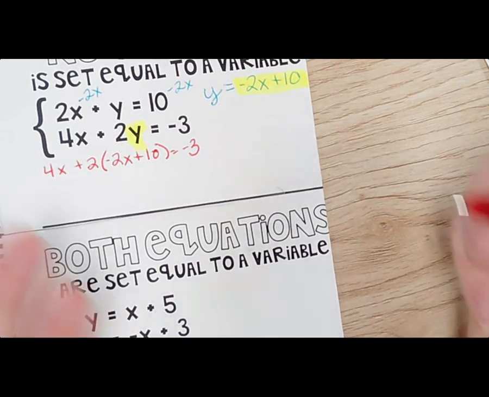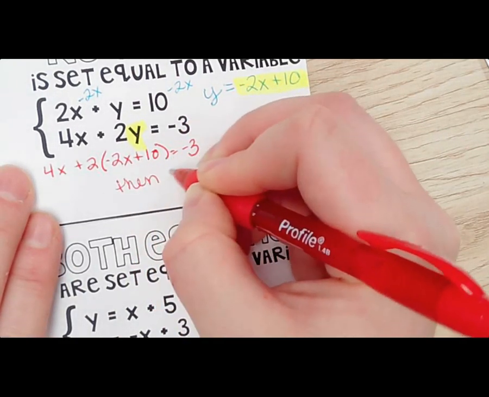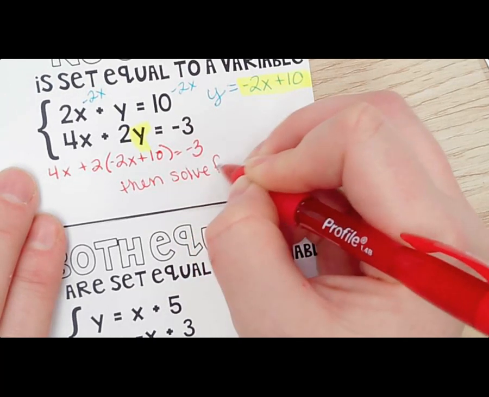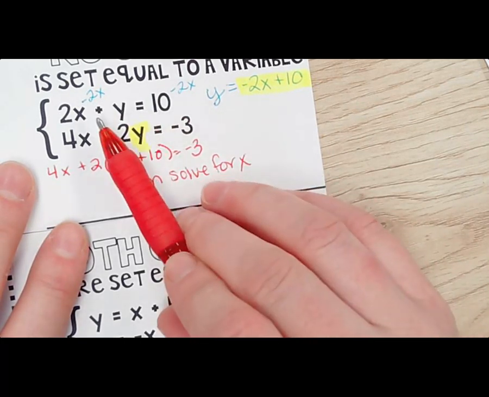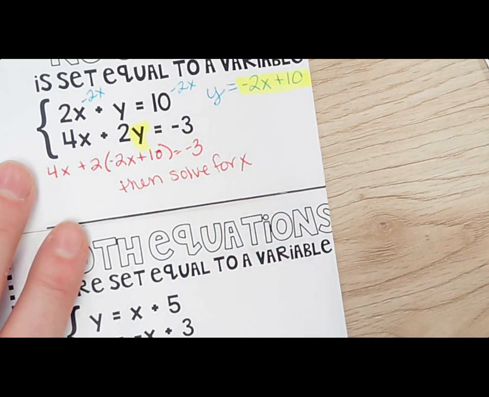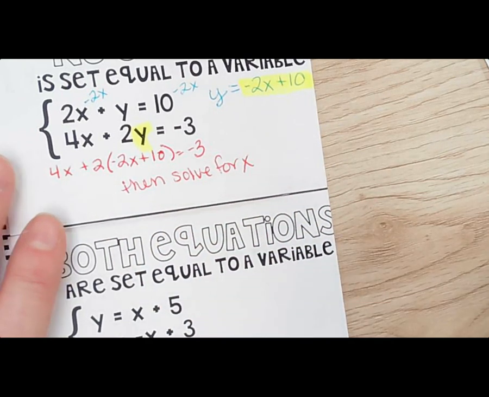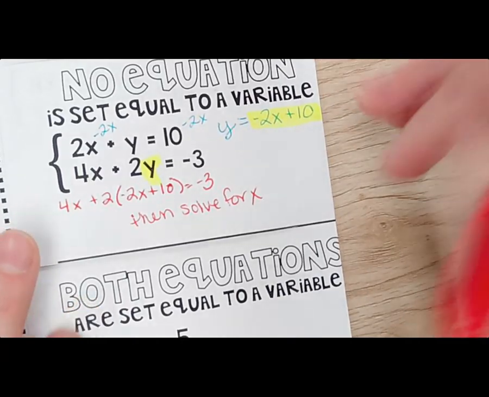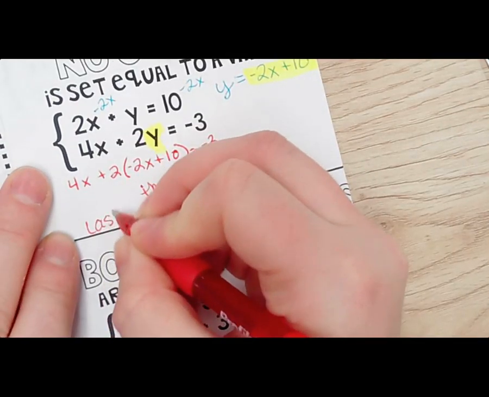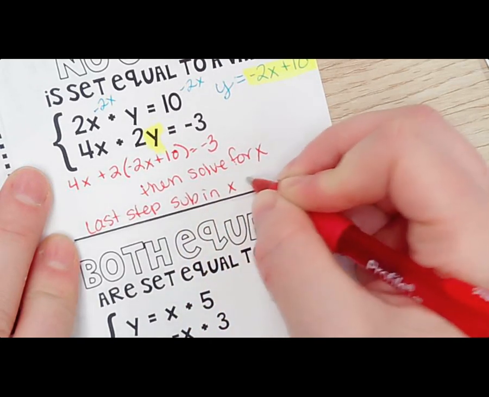And then what would we need to do? Yeah, then solve for x. So first thing we had to do was solve for one of the variables. And then we can get to where we were at the previous equation. Last step, sub in x to find y.